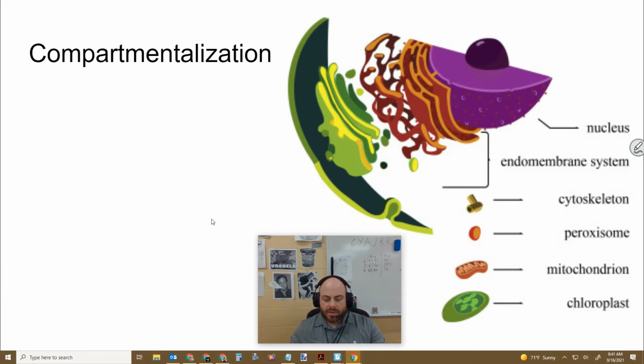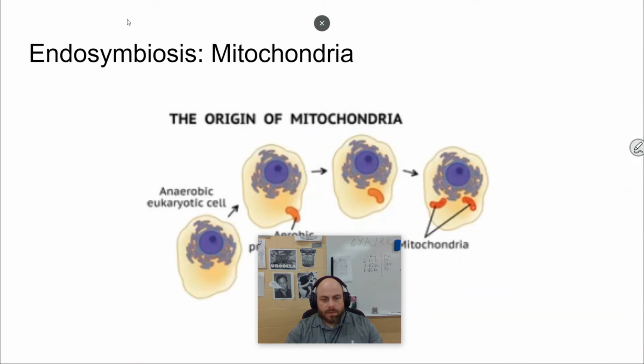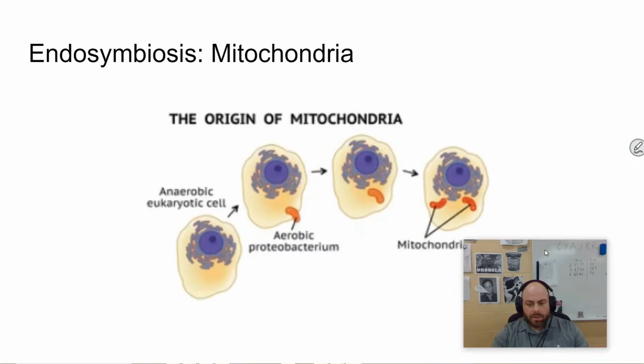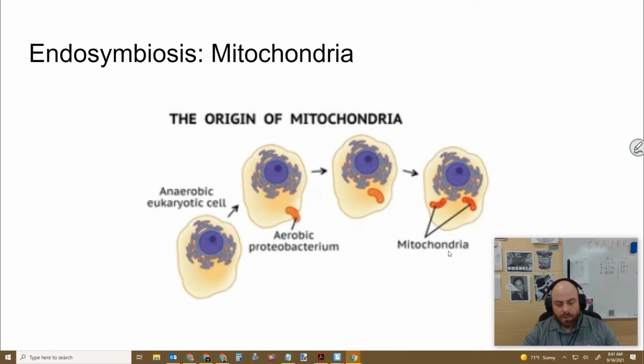Prokaryotic cells have an internal region called the nucleoid region, where the DNA is located, but a eukaryotic cell has an actual nucleus. So that is a protected area from the rest of the cell, so that particular things can happen.